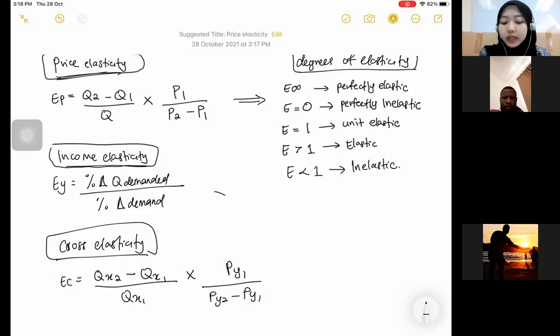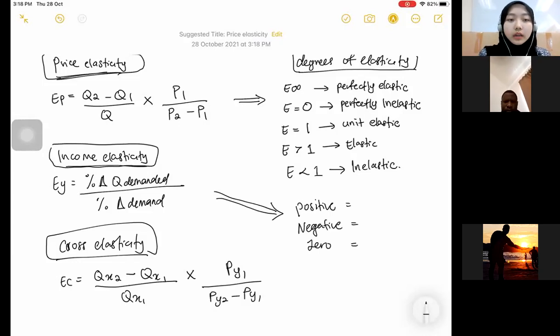The degrees for income elasticity, we have only 3: positive, negative and 0. I'm not sure whether you already reviewed the lesson or not. Sometimes when you solve the problem you get your answer, and let's say your answer is in positive form.